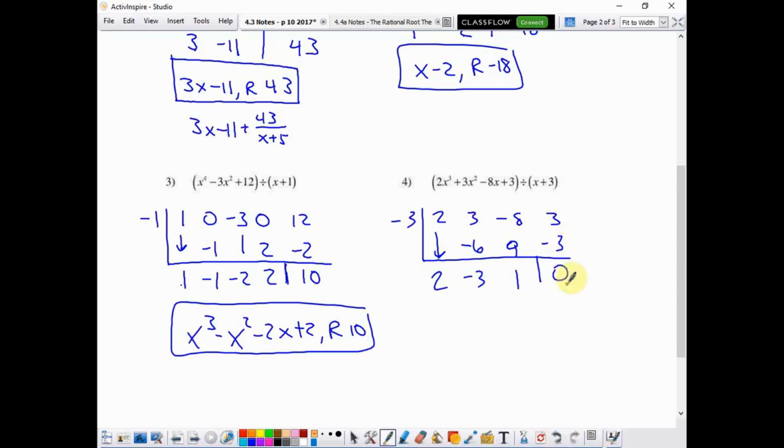Add. So my remainder is 0, so I don't have a remainder. That means that x plus 3 actually divides evenly into that other polynomial. So I get constant, x squared, 2x squared, minus 3x plus 1.